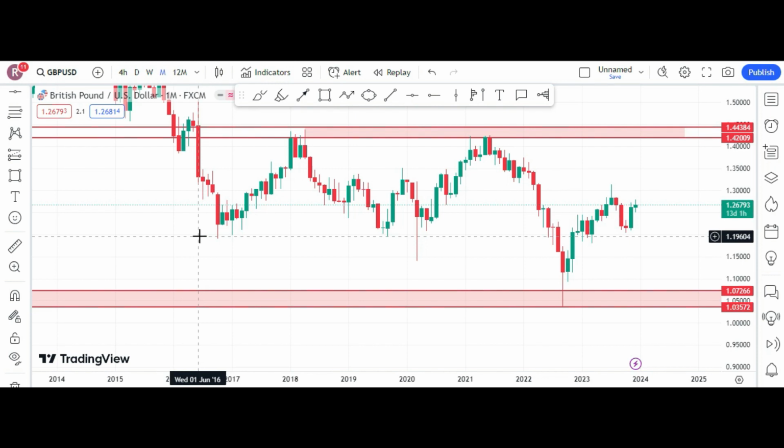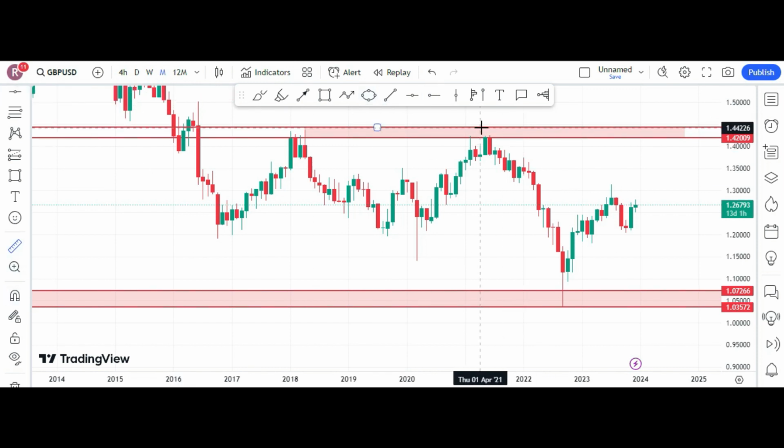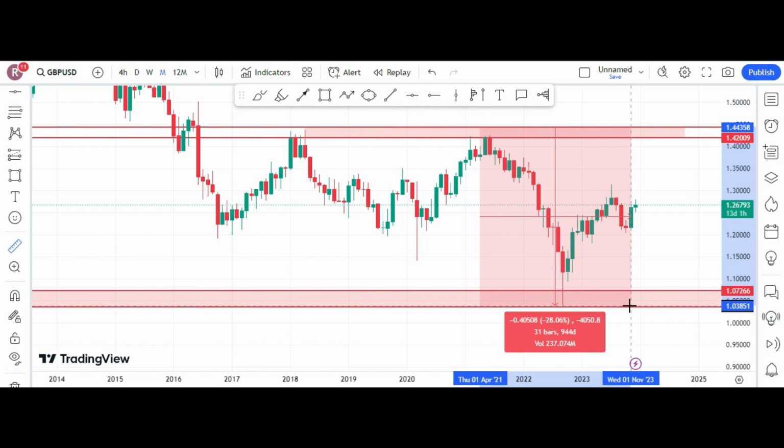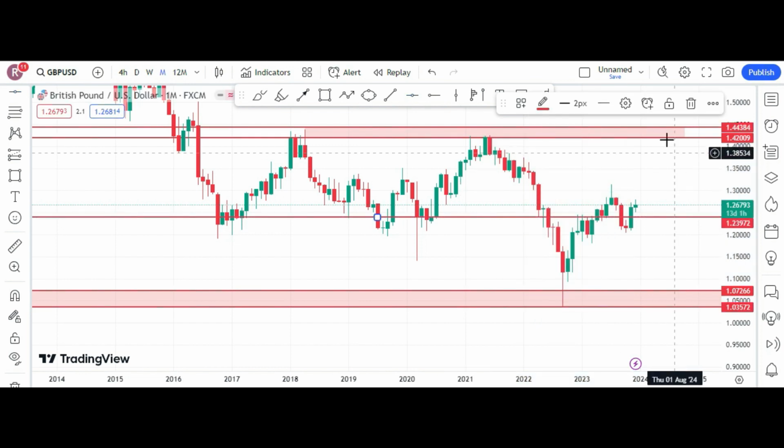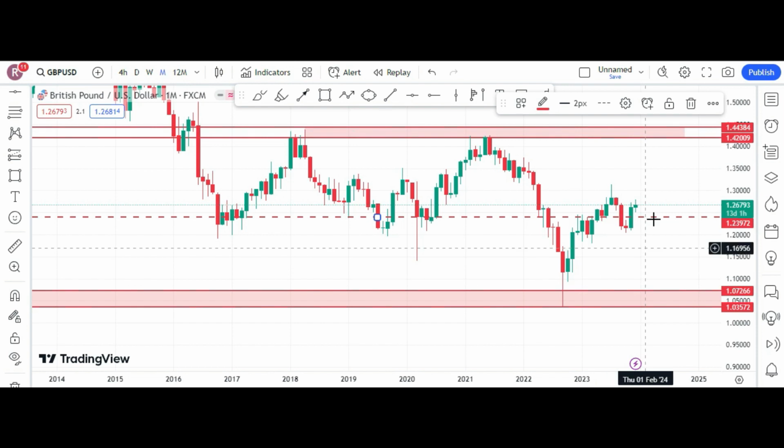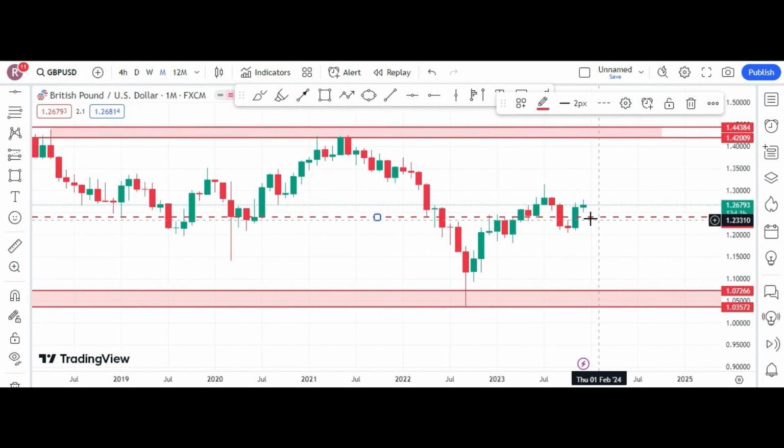Also from 2016 it is ranging in this area. So let's find the middle of this range, and the middle stands here. Always I try to find the middle, so I can understand within the range where the price is standing at the current day, and the price is above the middle.